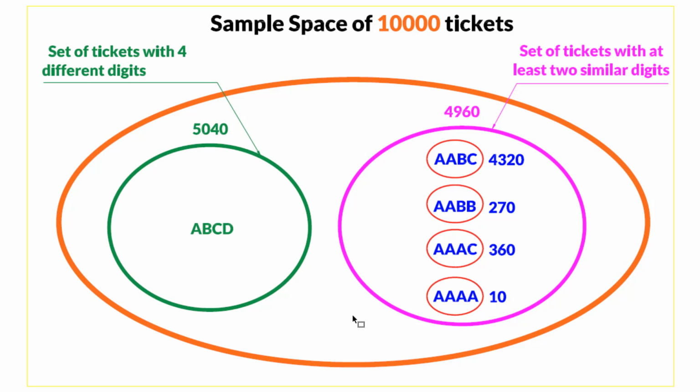And now everything is known, and we can find the probability of this event, which is more probable and which is less probable. Now we have the question, what is the sum of all tickets? It should be 10,000 because they are disjoint sets. So we add them together and we get 10,000 exactly.